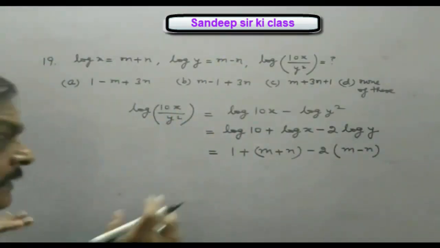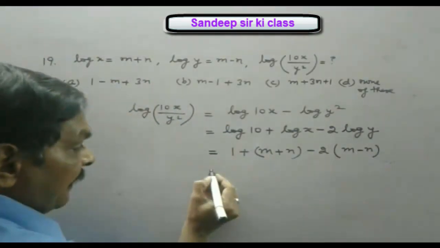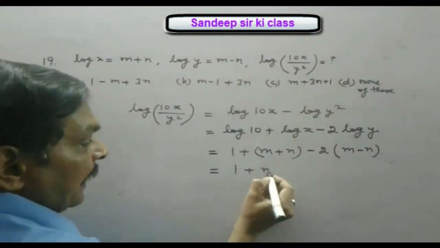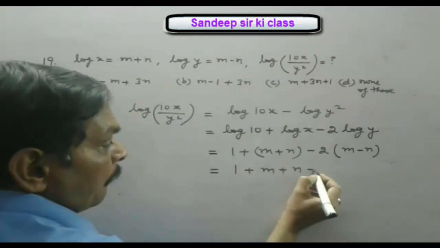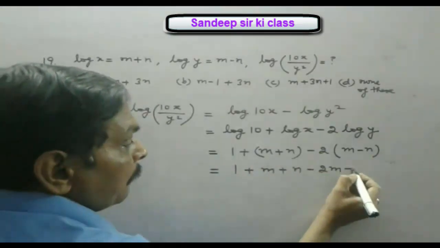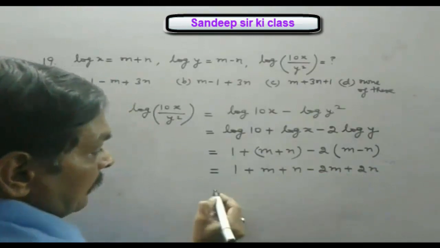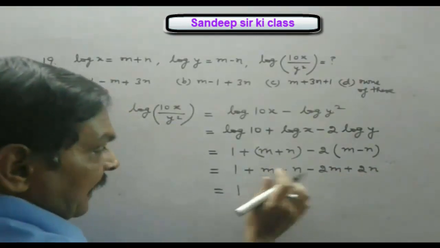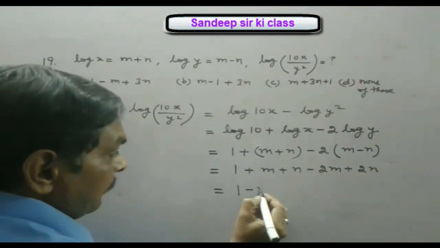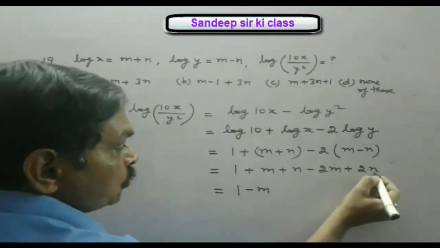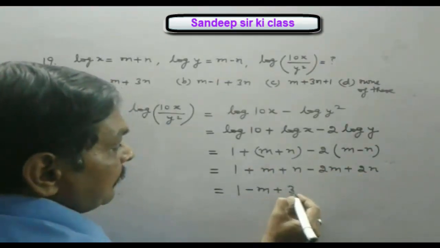Now the rest of the work is to simplify it. 1 plus m plus n minus 2m plus 2n.